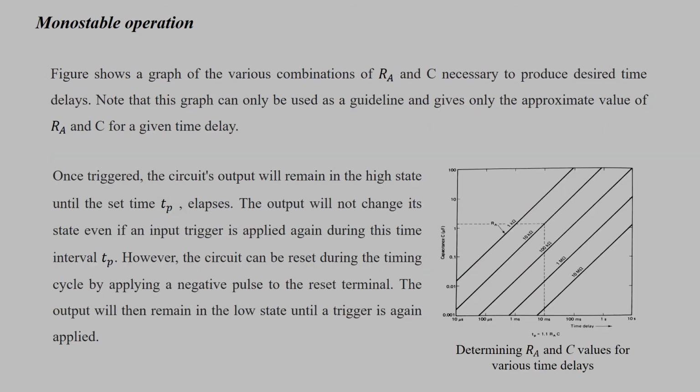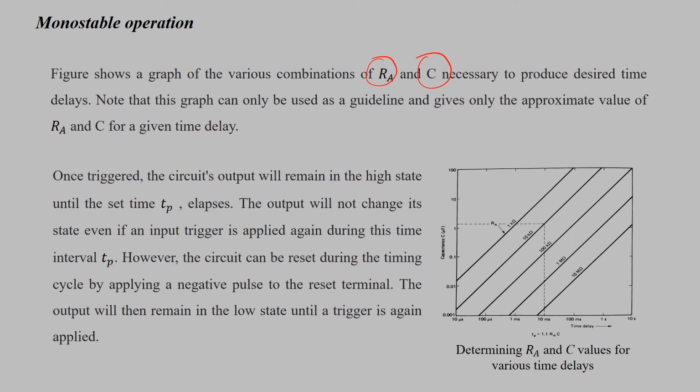So this is the figure which shows the graph for various combinations of Ra and C necessary to produce desired time delays.